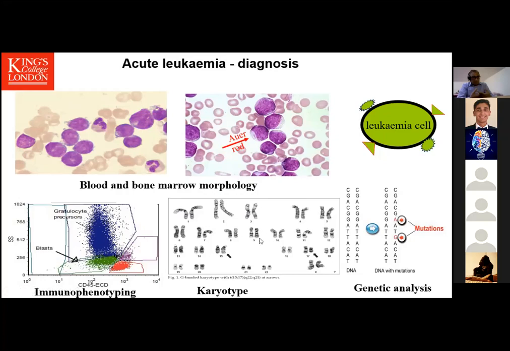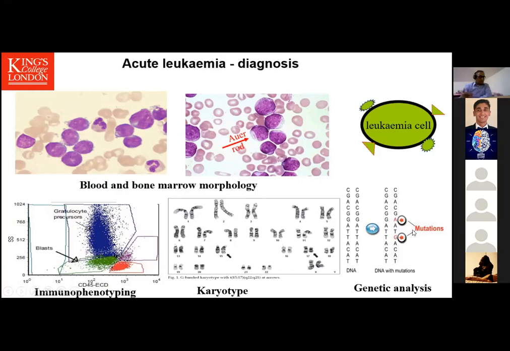And then on these cells, we do karyotyping. We check the genes, whether there are any translocations in the genes, from one to another, et cetera. And that will tell us what kind of leukemia it could be. And then we do the mutation analysis.